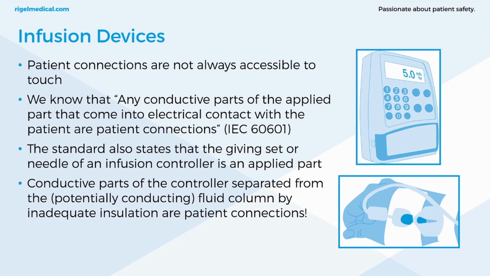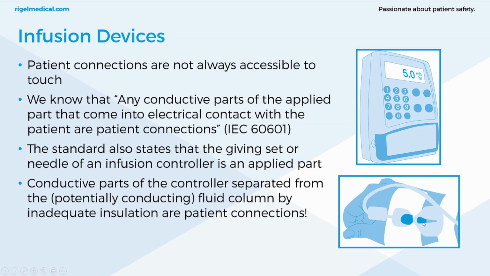The standard also states that the given set or needle of an infusion controller is an applied part. Conductive parts of the controller are separated from the potentially conducting fluid column by inadequate insulation of patient connections. So that tells us that the conductive parts of the controller, so on the infusion device, the parts that are touching the given set are your patient connections, not the given set itself.